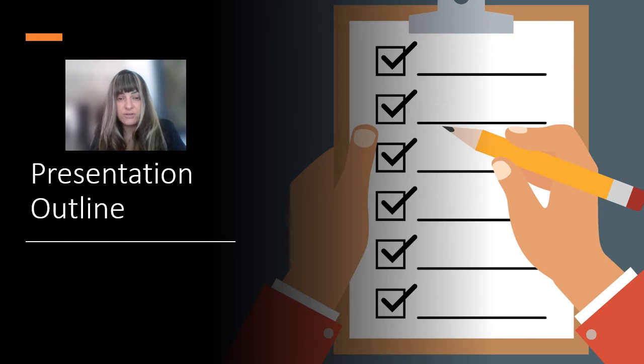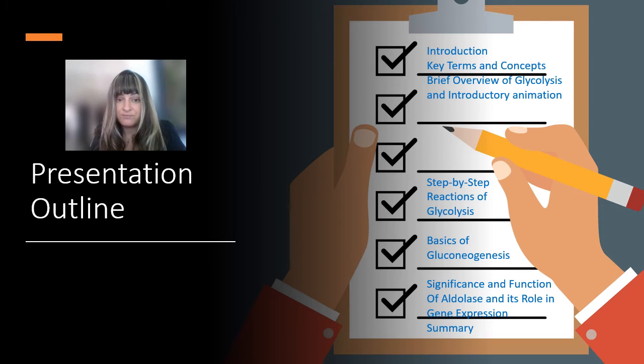So we have a lot to go over today, so I'm going to give you a light outline of what we'll be talking about. The heaviest emphasis in this presentation is going to be glycolysis, but we will also be covering a few more things. After an introduction, I'm going to talk a little bit about key terms and concepts involved in the processes we'll be covering so that as we're talking about it, you can follow along a little easier.